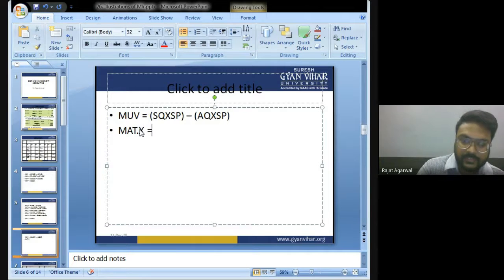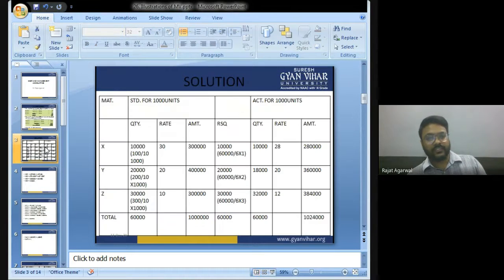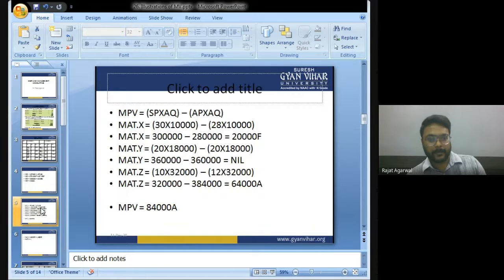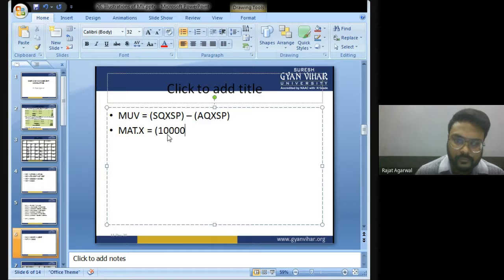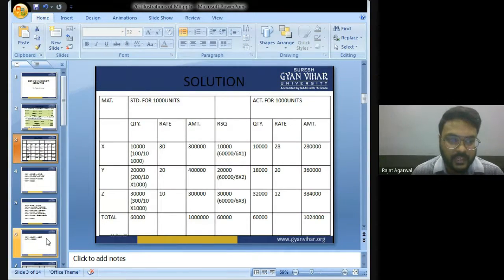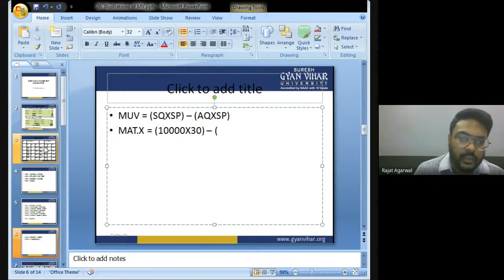Material X. Standard quantity of X is 10,000 into standard price of X, 30.